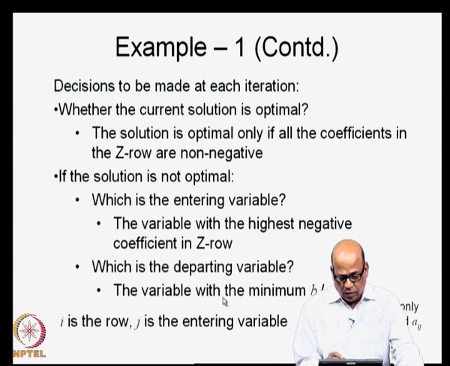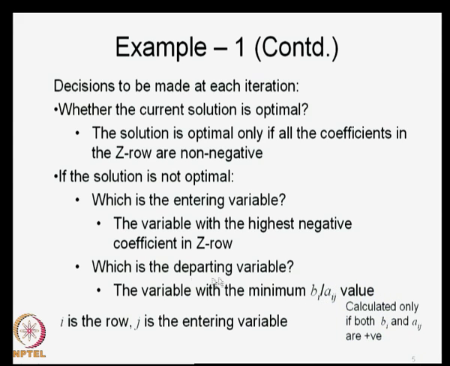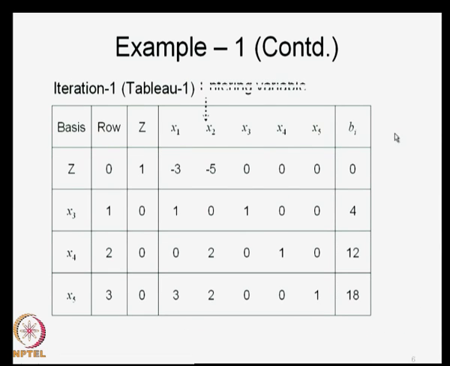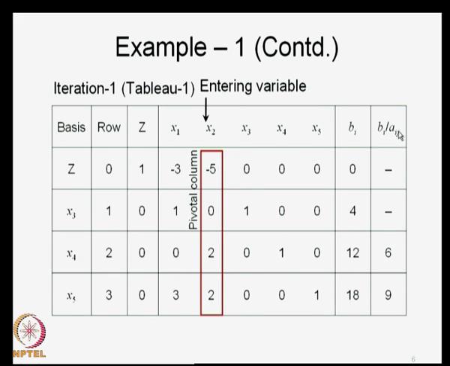The variable with the minimum bi by aij is the departing variable, where i is the row and j is the entering variable. This is calculated only if both bi and aij are positive. So, we have identified the column of the entering variable and we start calculating bi by aij. If you understand this part correctly, then everything is simple.